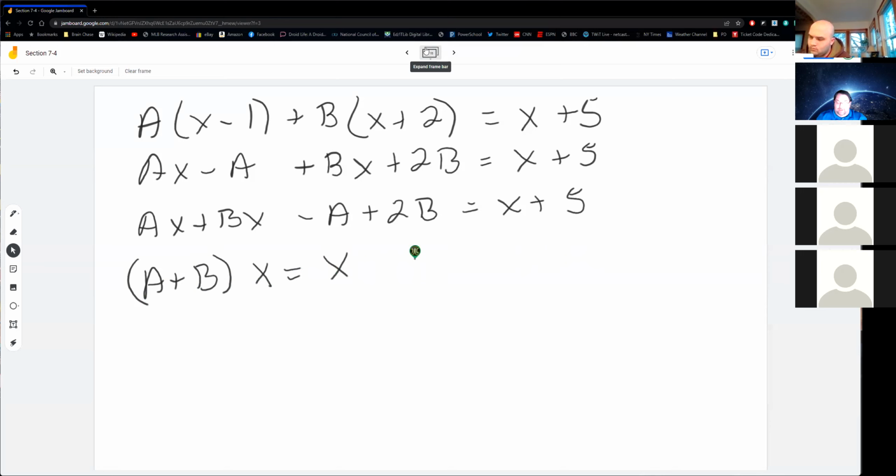And my negative a plus 2b has to equal my 5, because in essence, those are the coefficients, the numbers that are at the end. Still good or no?